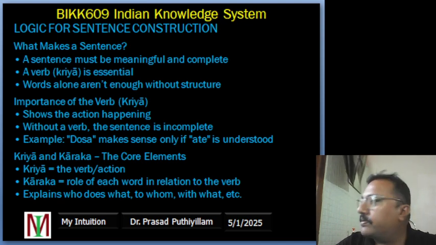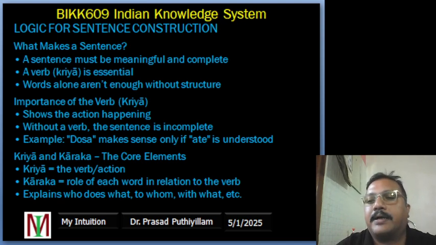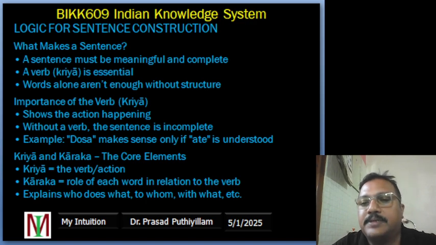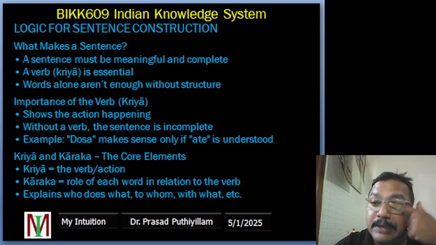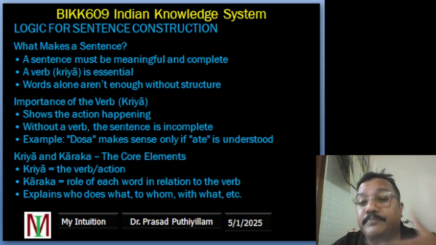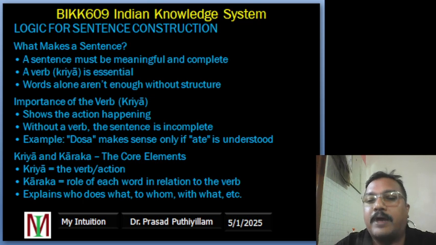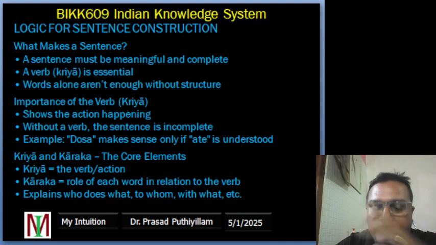In Sanskrit, we use the word karaka to show how other words are related to a verb. The karaka helps us to answer who is doing the action, what is being affected, what tool is being used, or where the action is happening.